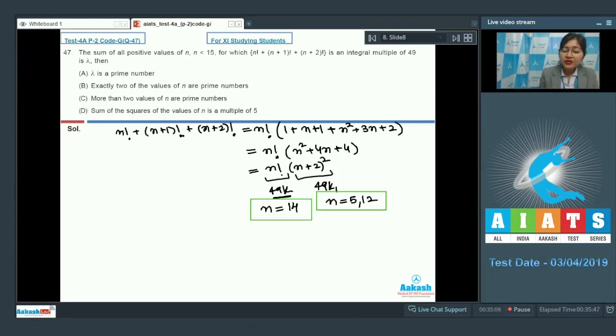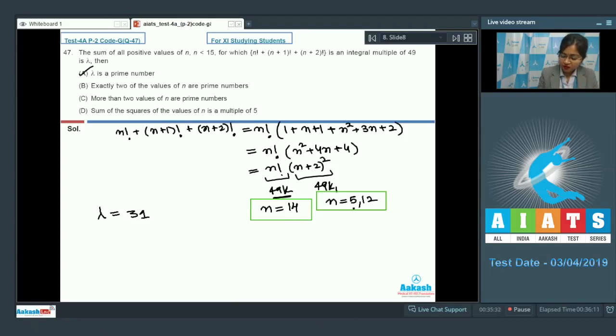So sum of all these positive values is equal to lambda, that is equal to 14 plus 5 plus 12, that is 31. So option number A says that lambda is a prime number, which is completely true because 31 is a prime number. Next, it says that exactly 2 of the values of n are prime numbers.